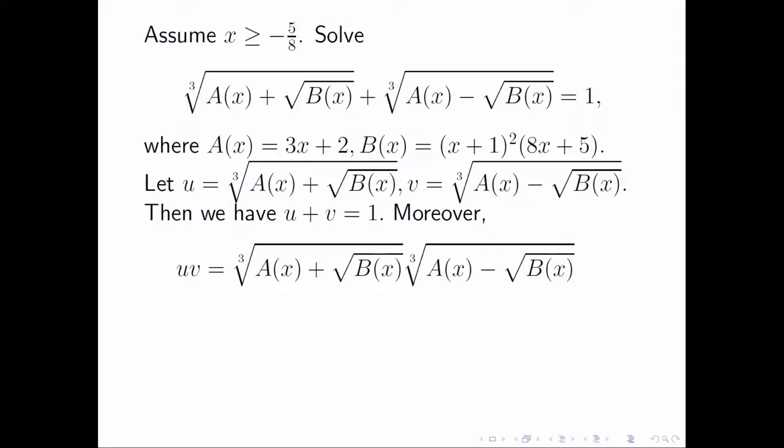Moreover, we calculate u times v, the multiplication of the 2 cubic roots. Inside the cubic root, we have a(x) plus square root of b(x) times a(x) minus square root of b(x). Therefore, we have the cubic root of a(x) squared minus square root of b(x) squared, that is b(x).